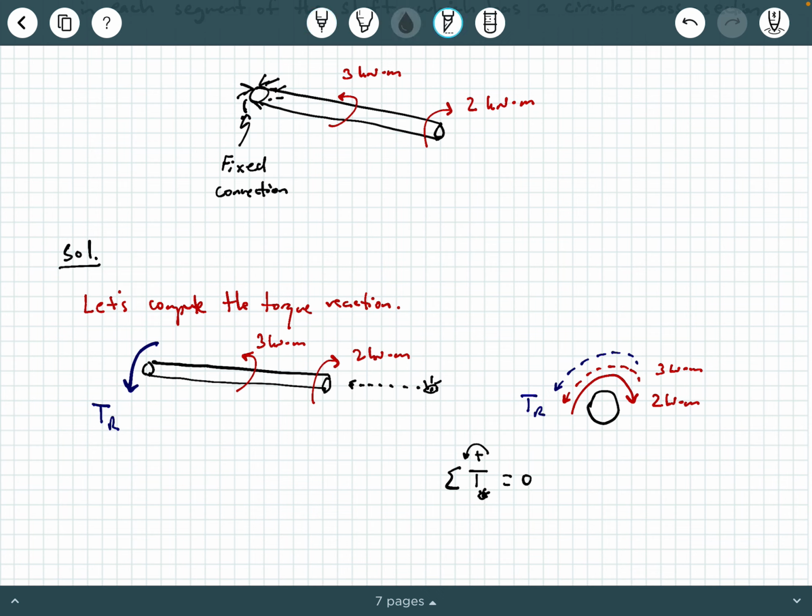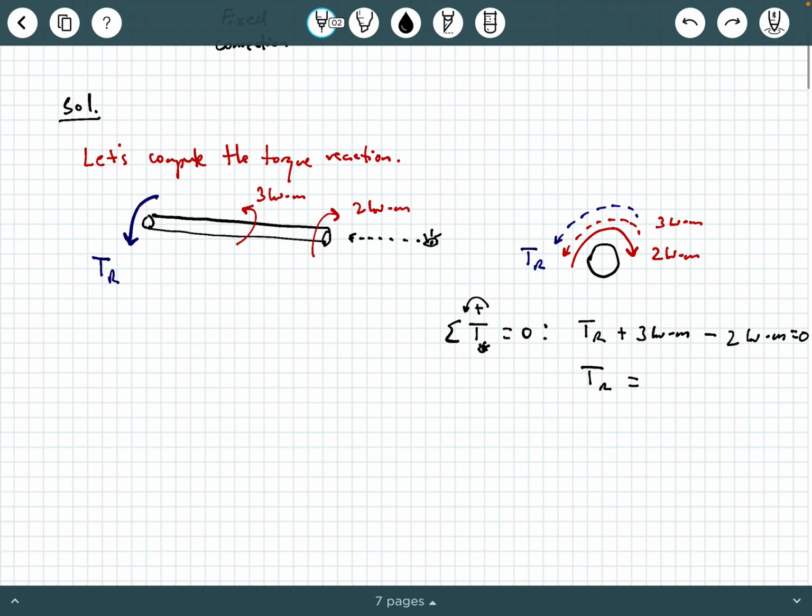I'm going to redraw this little eyeball here, so I'm looking at this figure for my directions of these torques. I can write T sub r plus 3 kilonewton meters minus 2 kilonewton meters equals 0. And then what do I get for T sub r? Well, I get negative 1 kilonewton meter. But what does that negative sign mean?